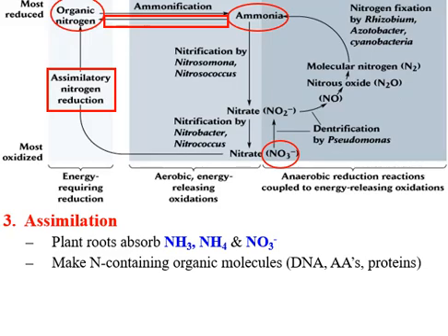And when they incorporate this into their tissues, into their DNA, RNA, proteins, amino acids, ATP, then that is assimilation. These organic molecules now are things that have carbon in them. That's part of living things that other things can eat.